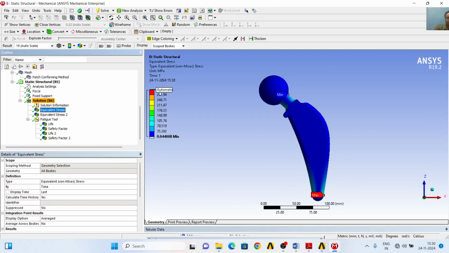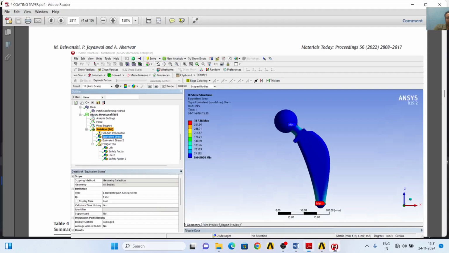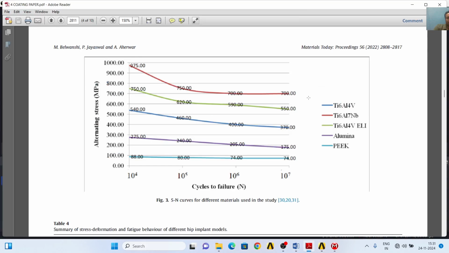Okay, and now the equivalent stresses for the whole body, which means the maximum is here. For the stem there is 317.18 megapascal of equivalent stresses. And from the S-N curve we can see for titanium 6Al4V the limit is 700 megapascal of stresses. If any material produces higher stresses than 700 megapascal, it is not going to survive 10 to the power 7 cycles.